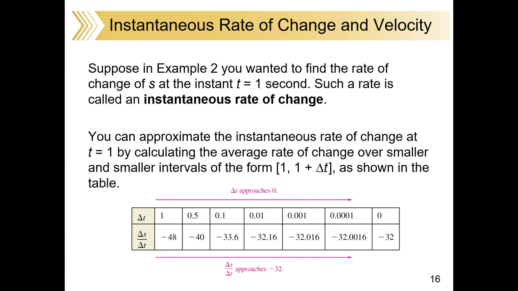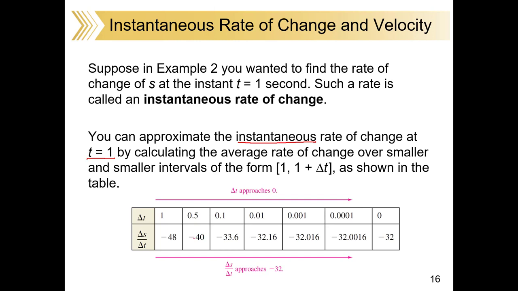So let's take our time interval from 0 to 1 second. We want to find out what the instantaneous speed is. We want the instantaneous rate of change at t equals 1. What we found was between 0 and 1, the average speed was negative 48 feet per second.